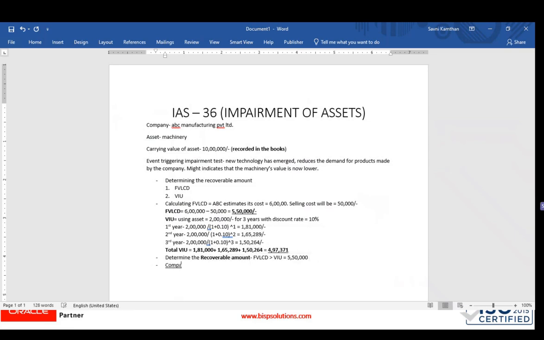Then comparing carrying value and recoverable value. Carrying value is 10 lakh.